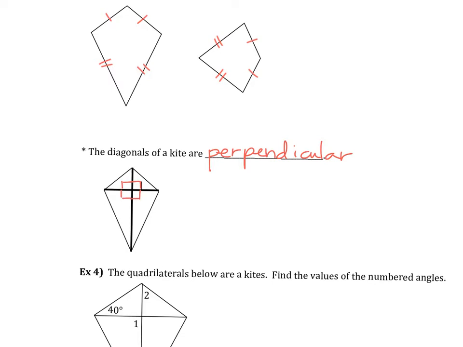Okay, and a kite gets a little hairy with what is what here. Let's just bear with me for a second. Let's say these are the congruent parts, right? The diagonal that cuts the congruent parts is also a bisector.